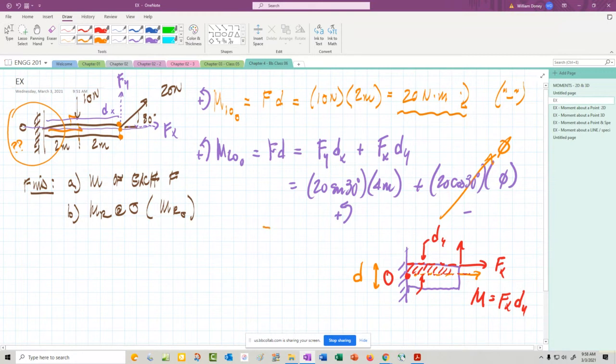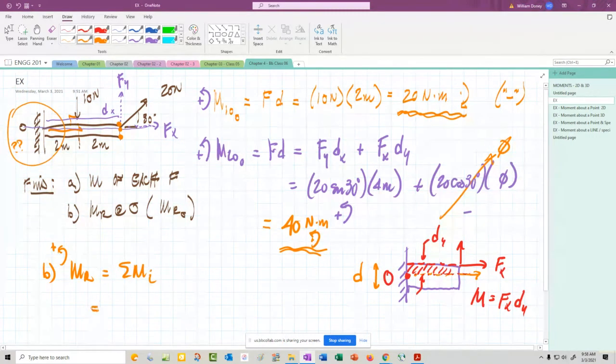All right, if we finish this problem out, 20 sine of 30, what's that? Sine is half. 40 Newton meters. And that's also that direction. Part B, resultant moment. Again, positive counterclockwise is adding up all the individual moments.